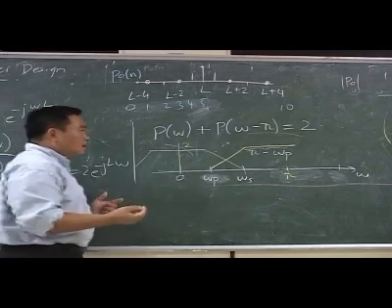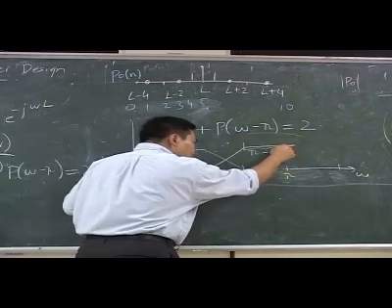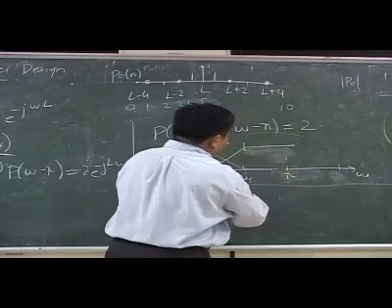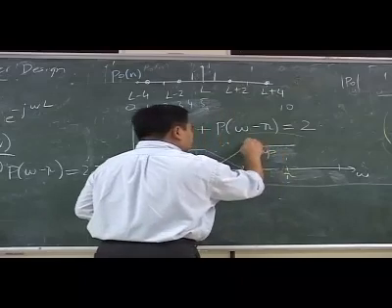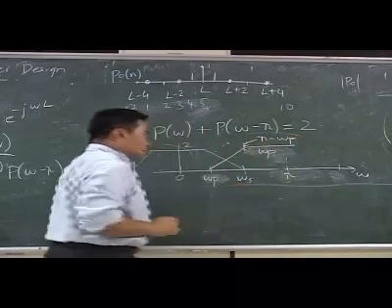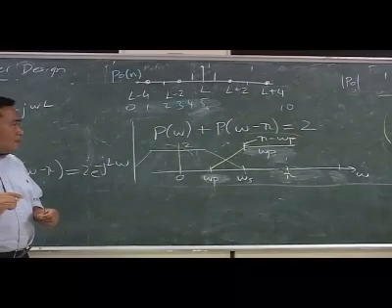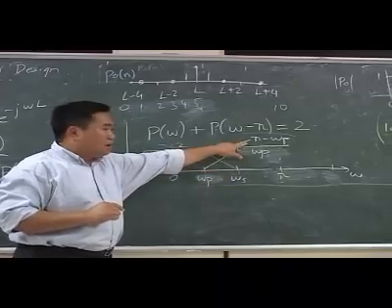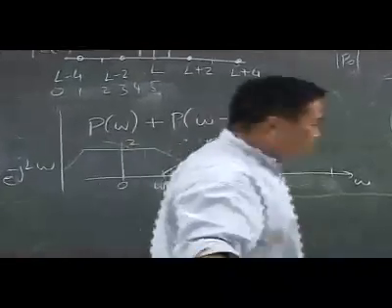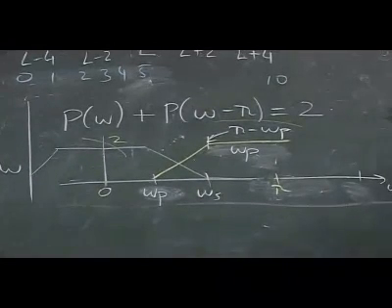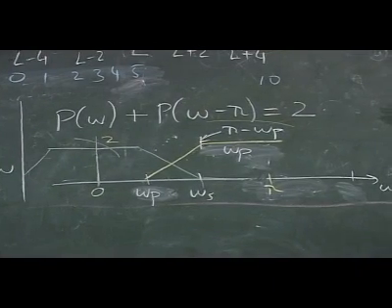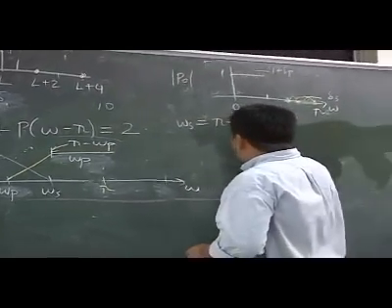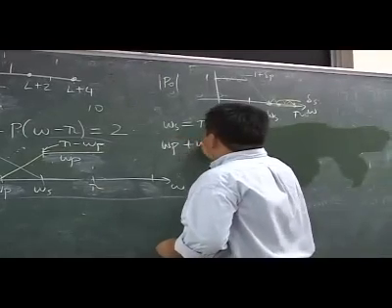No, sorry. This distance is omega t. Sorry, thank you. This is pi minus omega t. Is that right? Okay, good, thanks. So we say that omega s has to be equal to pi minus omega t. So the conditions are omega s equal to pi minus omega p, or omega p plus omega s equal to pi.